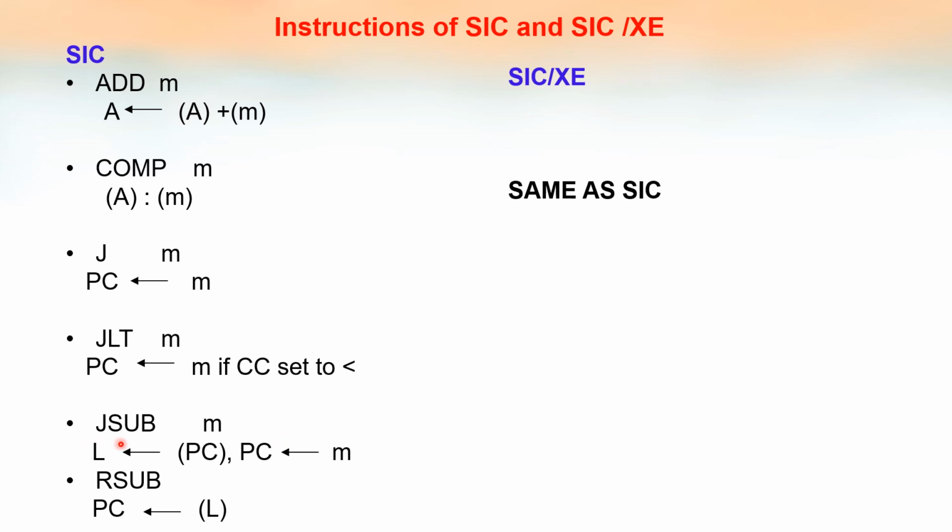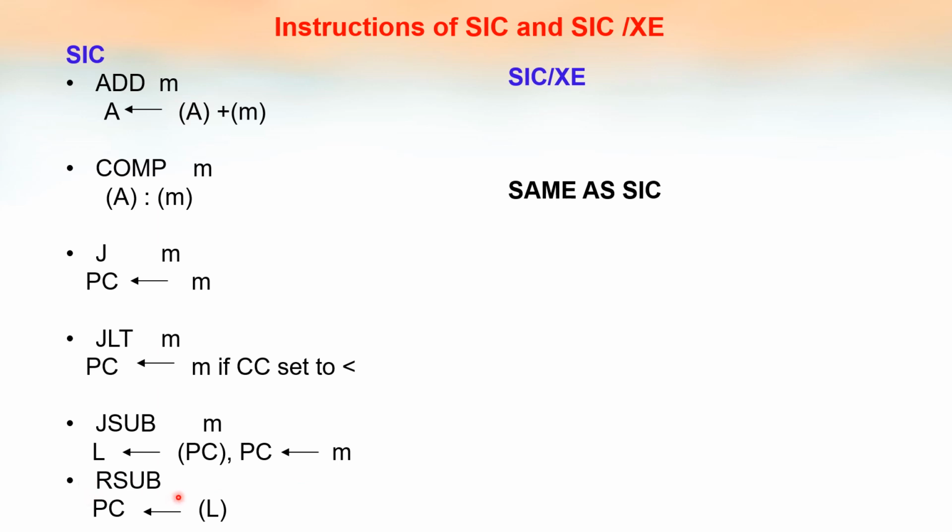Similarly, JSUB M means the program control transfers to this memory address and the instructions from this memory address onwards get executed. This means the current address in the program counter is stored in register L, the linkage register, and this memory address value is stored to the program counter. So program execution starts from this memory address.